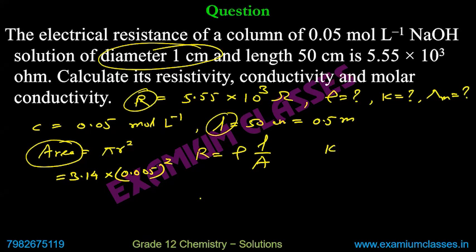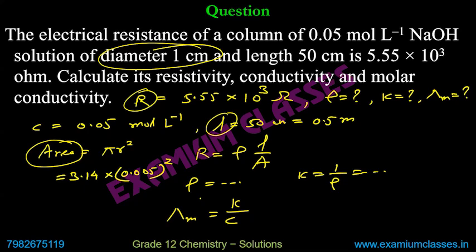Conductivity, kappa, you know how these are interrelated. R equals rho L by A, kappa is 1 by rho, correct. Once you get the rho from here, kappa is 1 by rho. You will get that answer. And then molar conductivity is kappa by C. Remember, C you need to convert into mole per cubic meter.